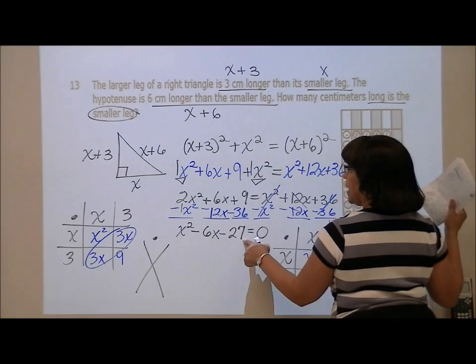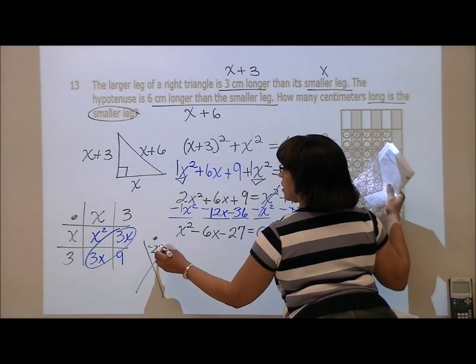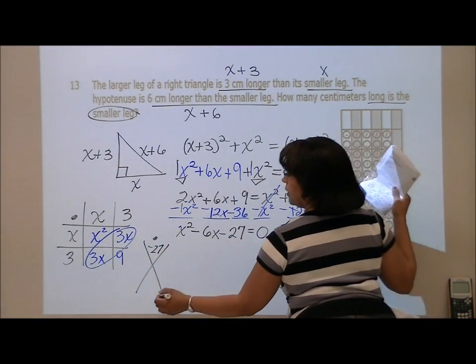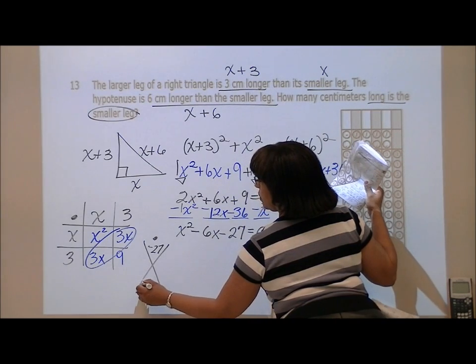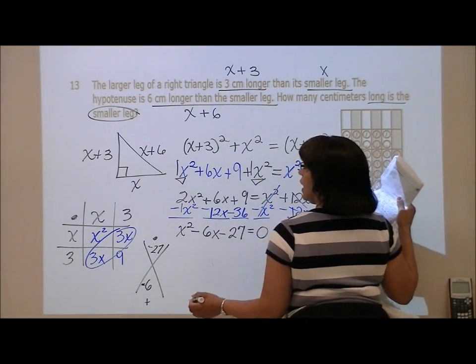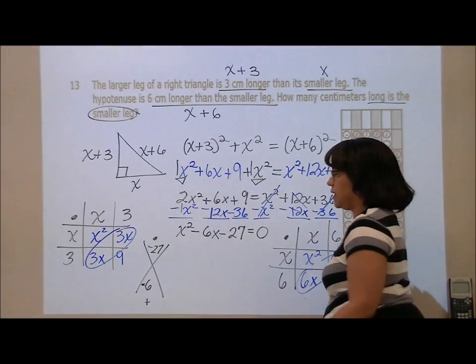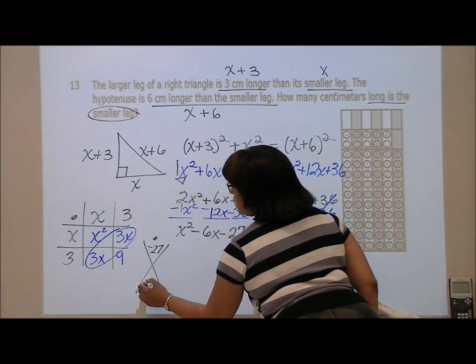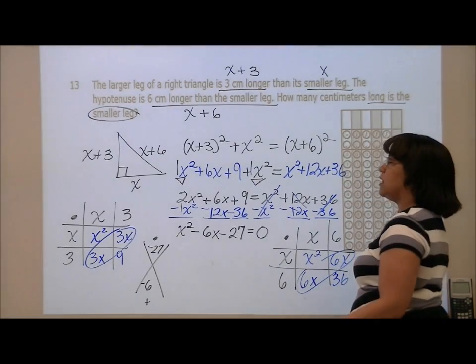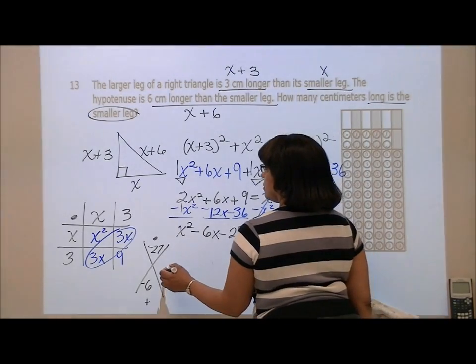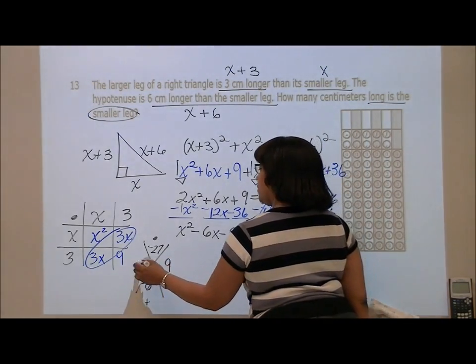Multiply first times last is negative 27. And then you bring down your middle. Don't forget your negative. Now what can we multiply to get 27? Whenever this is negative, you subtract to get it. So what can we multiply to get 27 that we can subtract to get 6? 9 and 3, good.